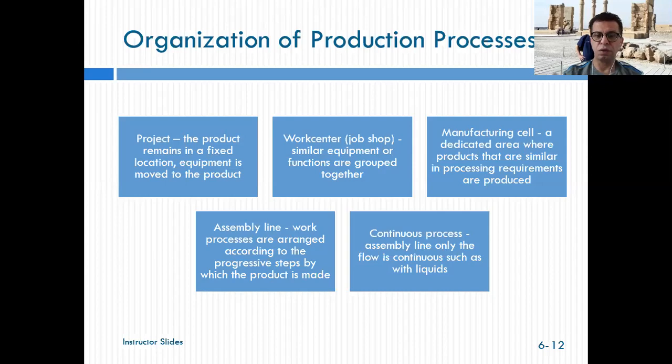And we talked about the work center, which is the shop. Equipment or functions are in a group, and each group comes in and starts working on the product, like a work center.